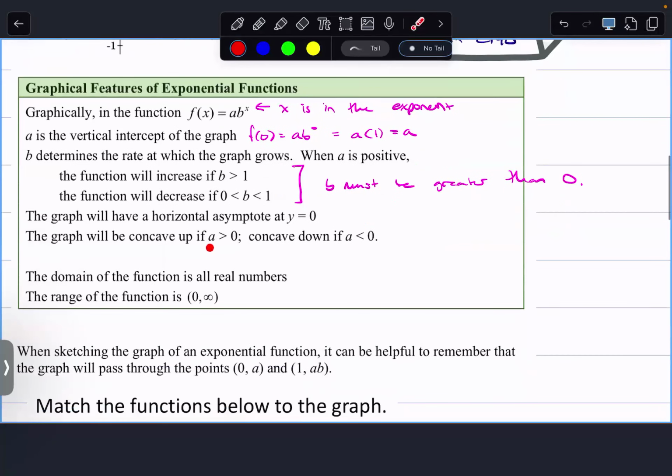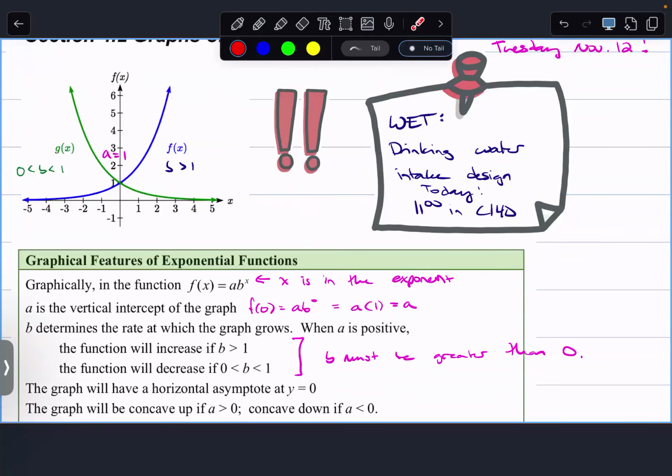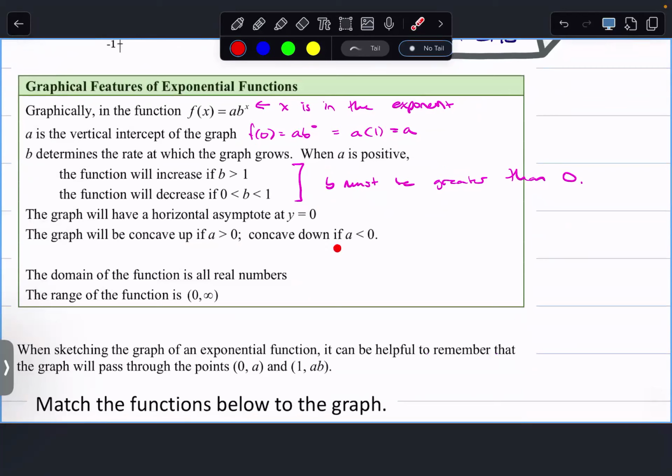Now, if a is greater than 0, then it's going to be concave up, a kind of cup facing upwards. In both these cases, concave up, just kind of mirror around each other. And it's going to be concave down if a is less than 0.